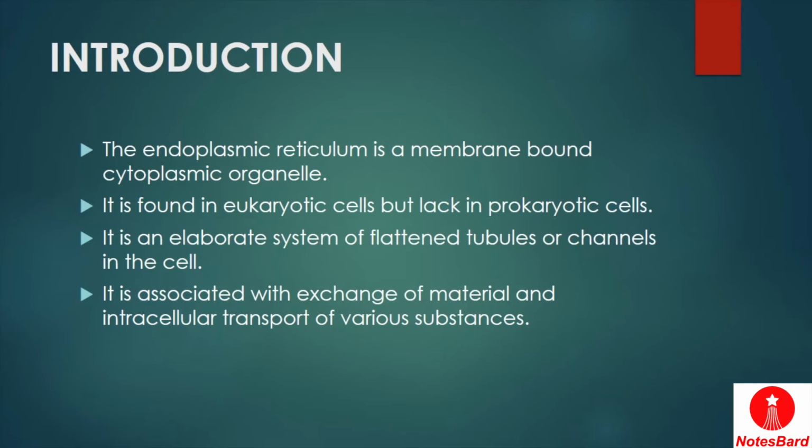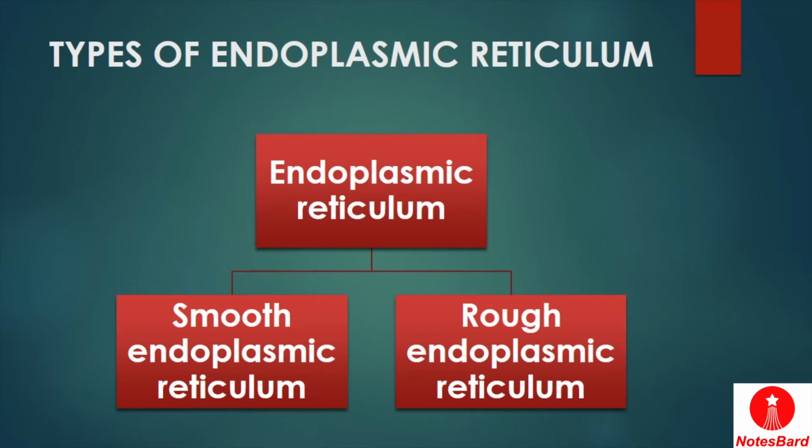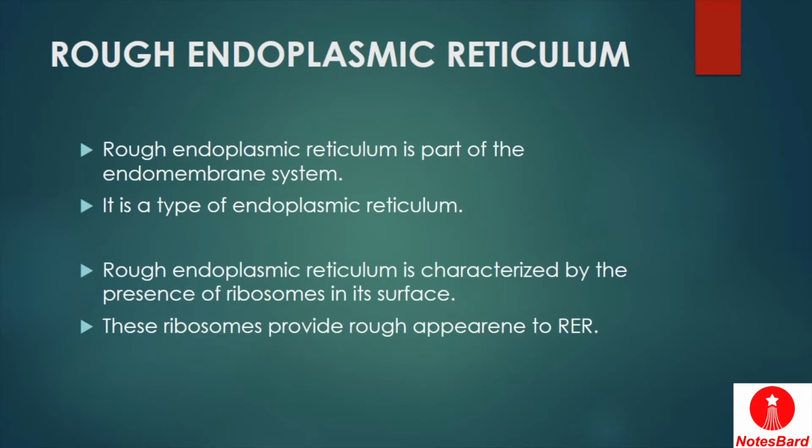So let's start. As we have discussed in our earlier slide, there are two types of endoplasmic reticulum present in eukaryotic cells, which are named smooth endoplasmic reticulum and rough endoplasmic reticulum. Now let's discuss the rough endoplasmic reticulum and its characteristic features.